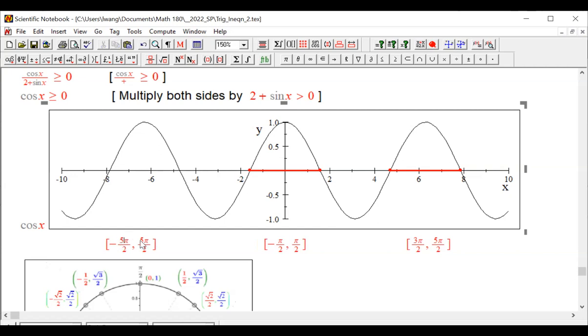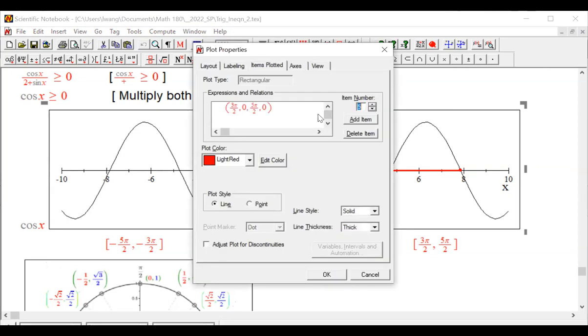The smaller number on the left, larger number on the right. And this interval will also be over here, so I'm going to mark it right there.